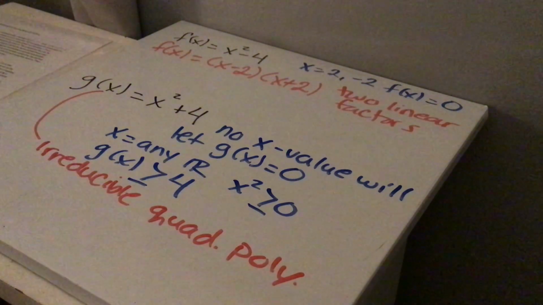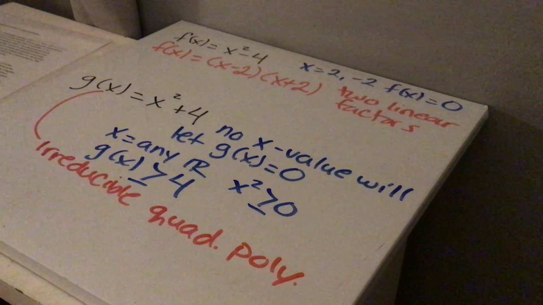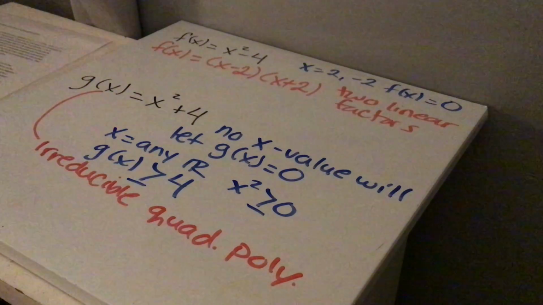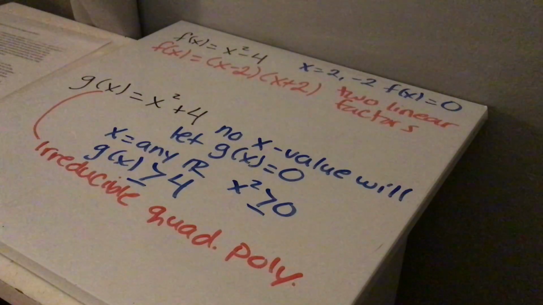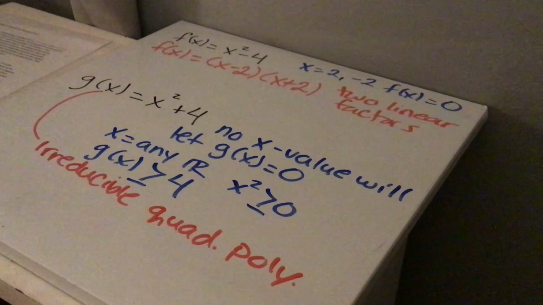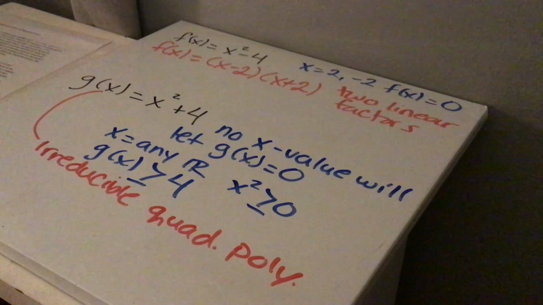Then, since irreducible quadratic factors can never equal 0, for any value of x, vertical asymptotes and x-intercepts of rational functions are not affected by these irreducible quadratic polynomials.